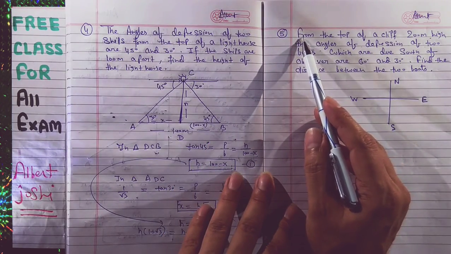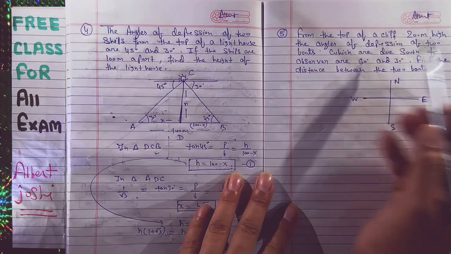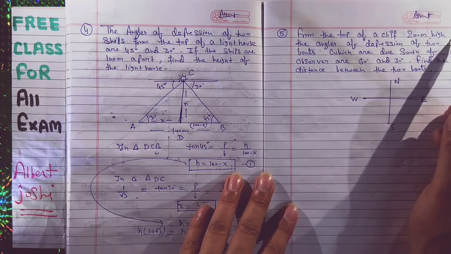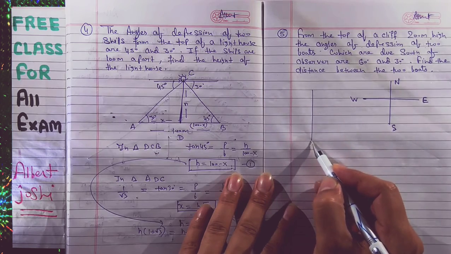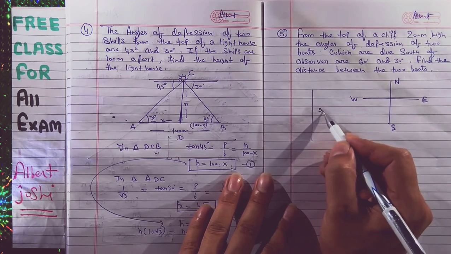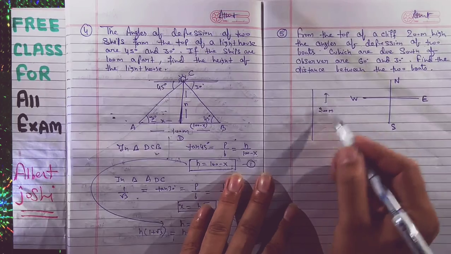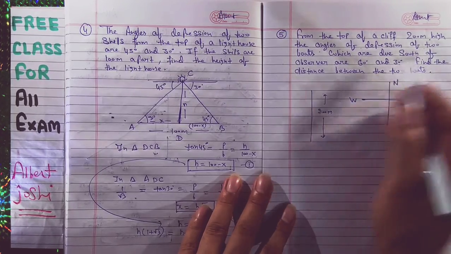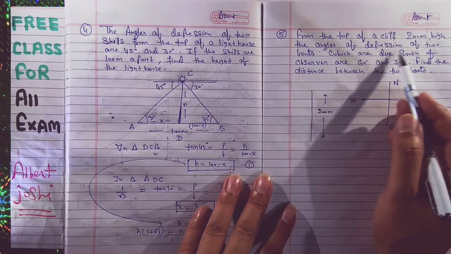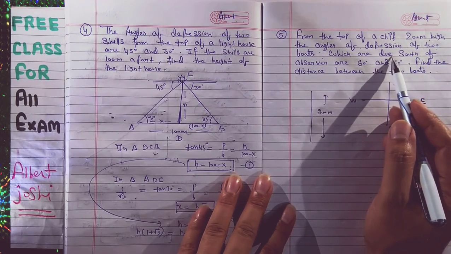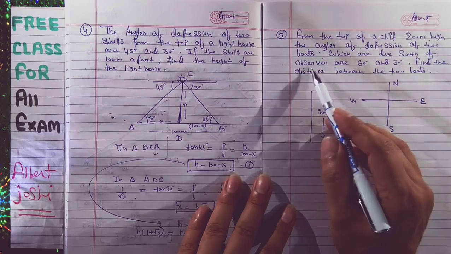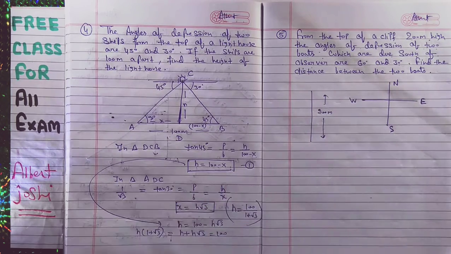Now he is asking: from the top of a cliff 200 meters high, the angles of depression of two boats which are due south of the observer are 60 degrees and 30 degrees.